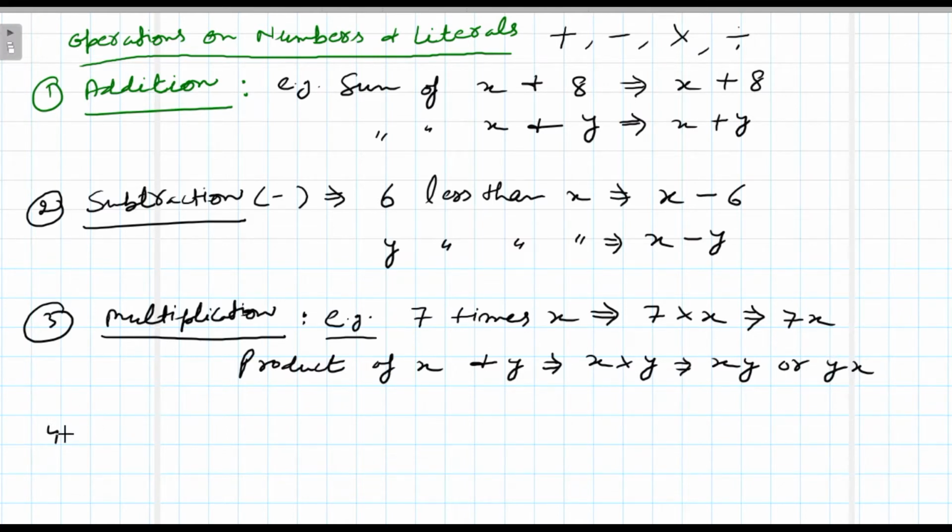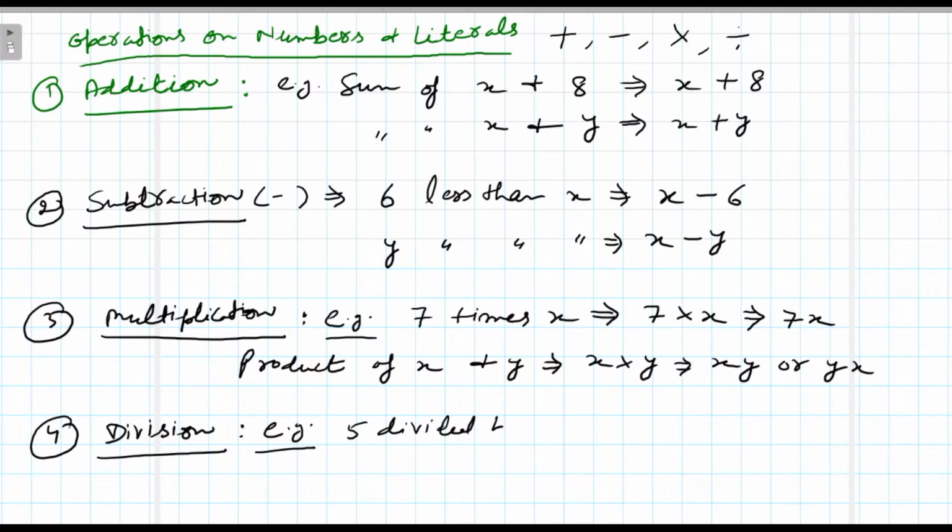Now the fourth operation is division. So division, students, if I write for example 5 divided by x, I will write it as 5 divided by x or 5 upon x, or x divided by 6.